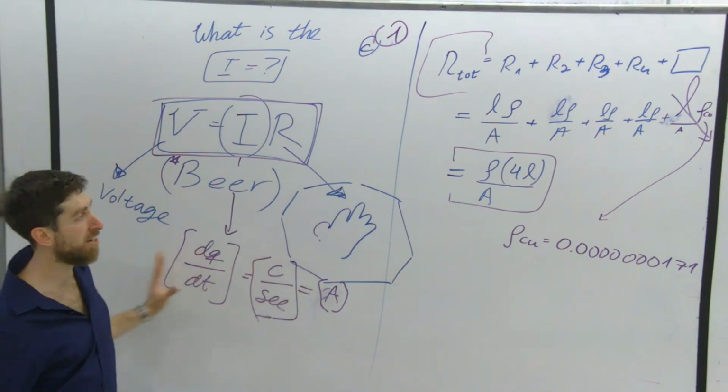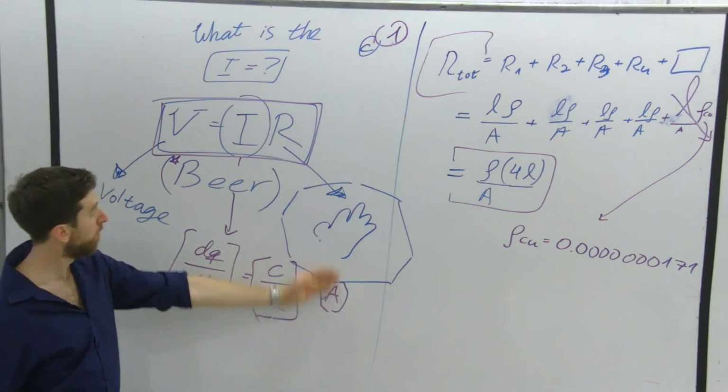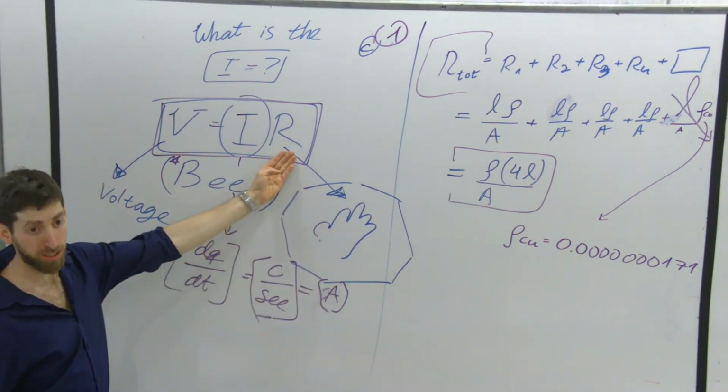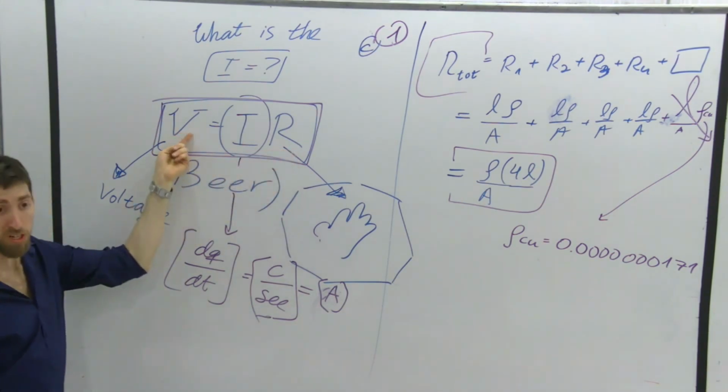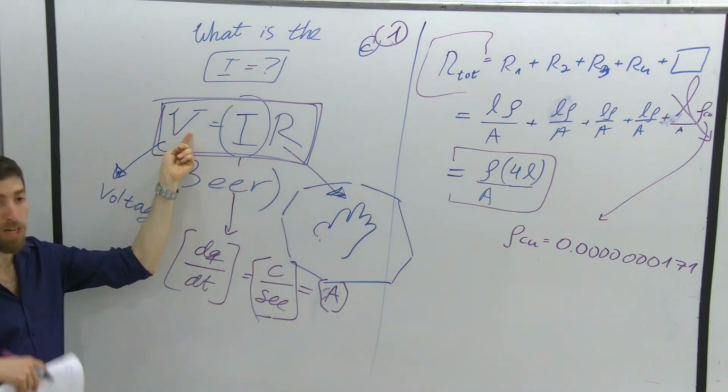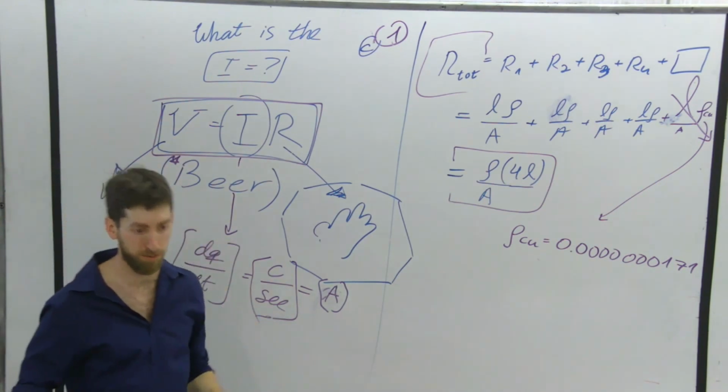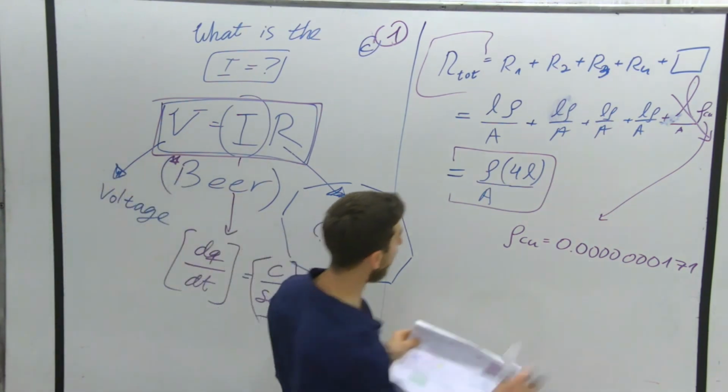So how are we going to find the current of the system? We just found the resistance of the system, and we know the battery, we know the energy we put inside, right? So I'm going to clean this board.